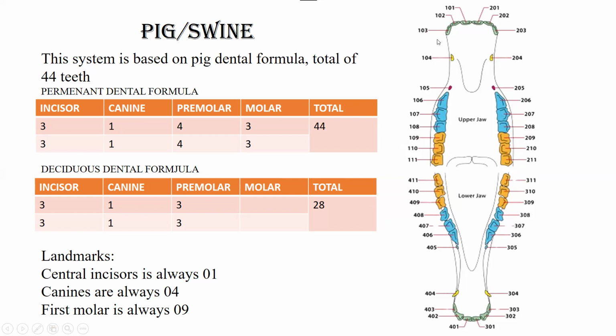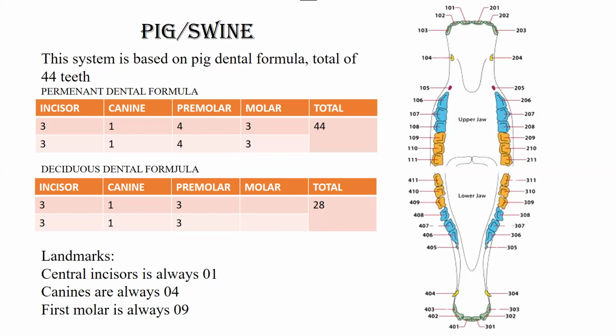How have we created these 3 digits? The first digit corresponds to the quadrant. This is 1, this is 2, this is 3, and this is 4. In the previous slide we talked about how it is 1, 2, 3, and 4. That is how you give the first digit to our teeth.